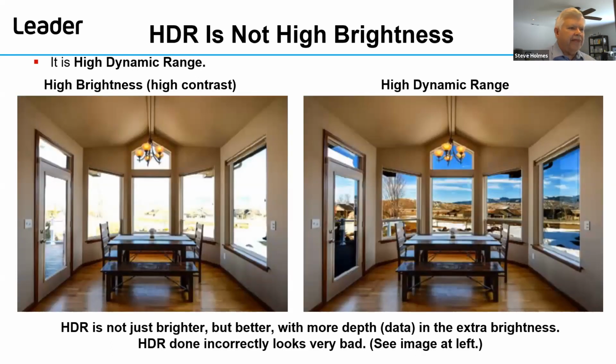So looking at this, an SDR picture would look like the one on the left, where the room is well lit and you can see the room very well. But HDR gives us the ability to take that data that's getting blocked or getting rolled off in the highlights and be able to show that data as well.